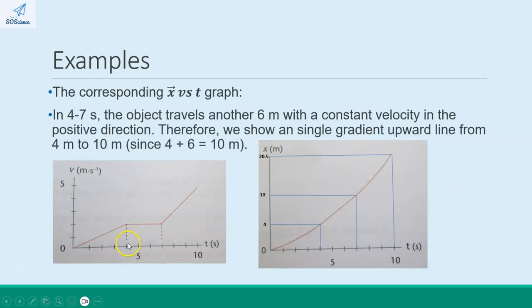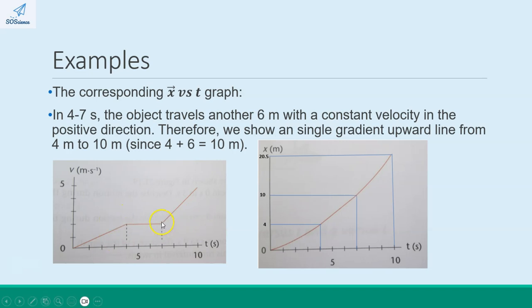Now, from second 4 to second 7, well, now the object has traveled an additional 6 meters. So it's already traveled 4 meters away from the origin, and now it is traveling an additional 6 meters, which is why the graph is going to go from 4 meters to 10 meters, because 10 minus 4 equals 6.